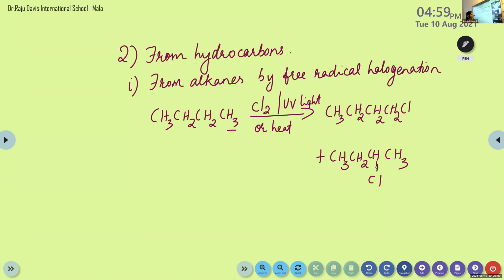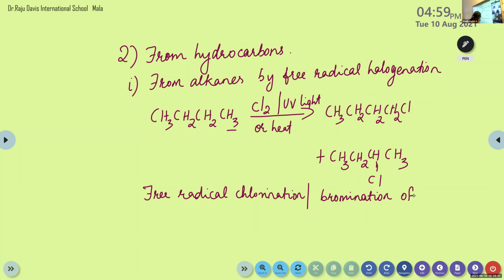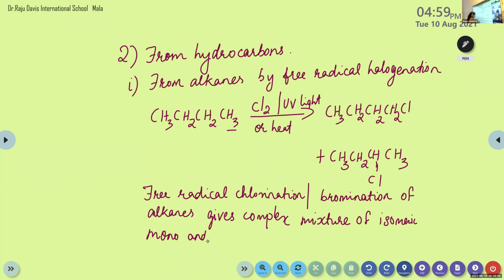So you can also write this point: free radical chlorination or bromination of alkanes gives a complex mixture of isomeric mono and polyhaloalkanes.